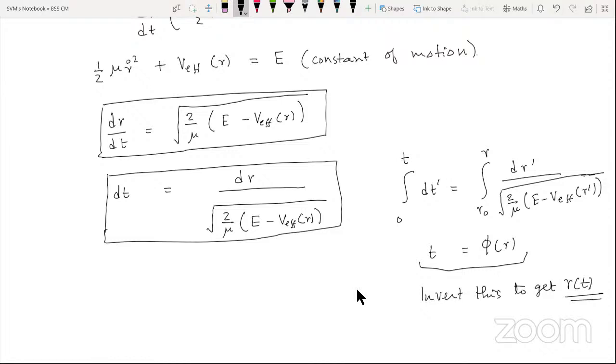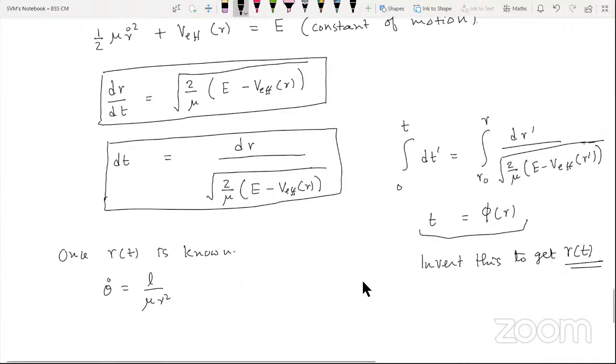Now once you get r of t, what is your aim? Your aim of the dynamics is to get r of t and theta of t. These are the two generalized coordinates, right? If you get r of t and theta of t, then you can get x of t, y of t, and everything else is possible. Once r of t is known, you go to this equation, that is theta dot is equal to L by mu r square.